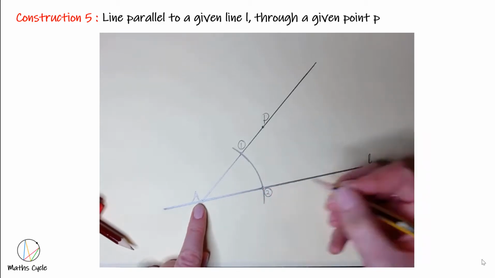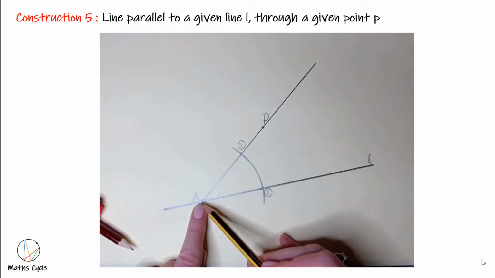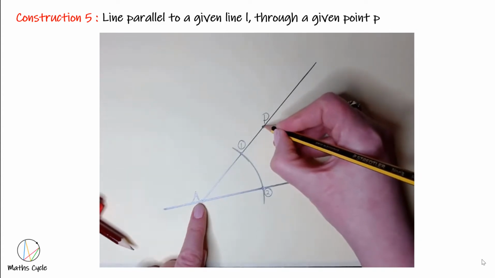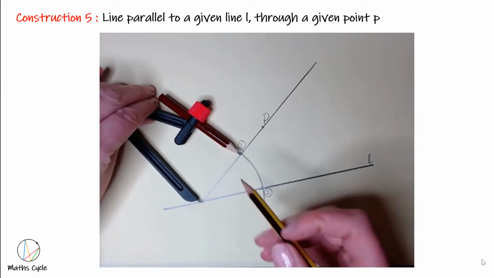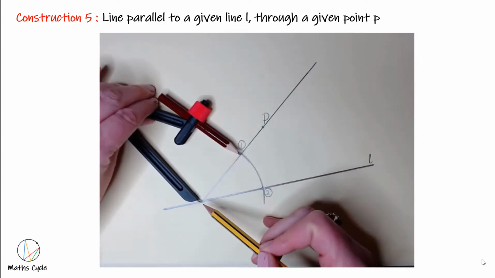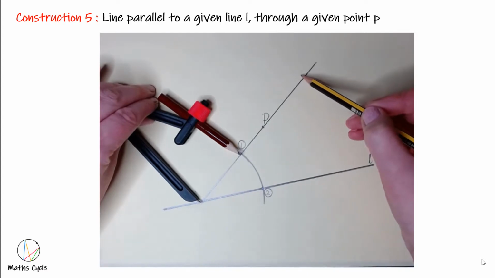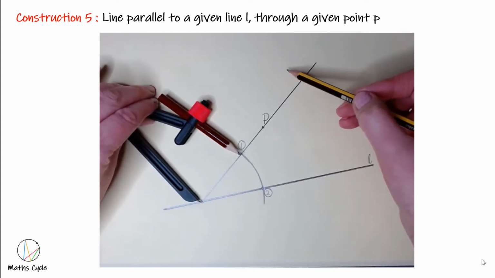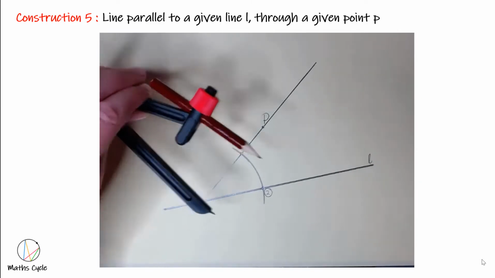Now the next thing we're going to do is move up to the point P, and keep the same distance on our compass. We put the point of the compass onto P and make an arc here, swinging it to try and replicate this arc roughly in length.